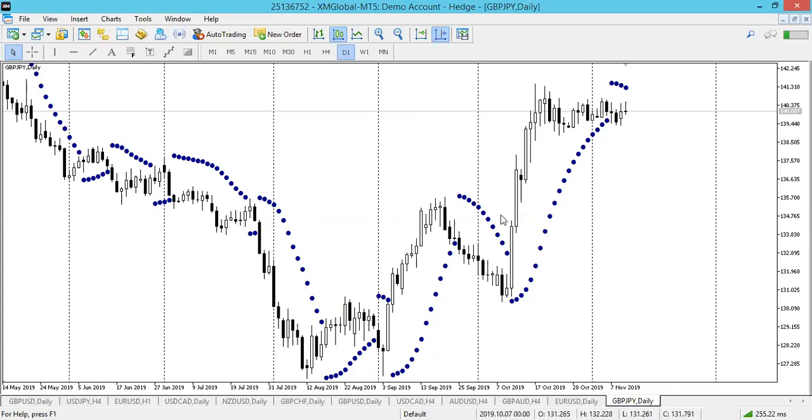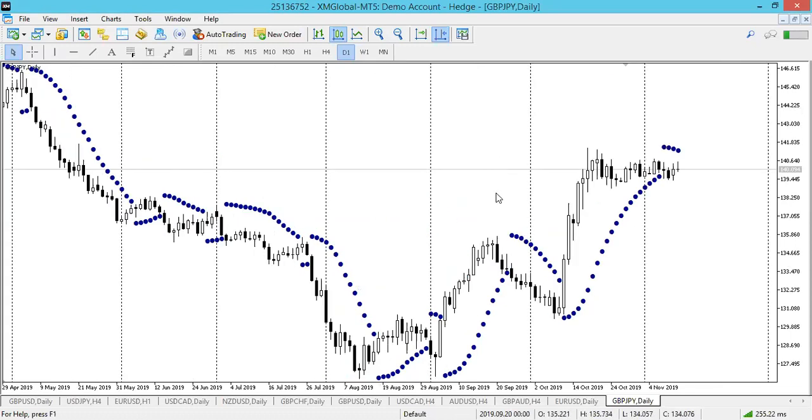Okay. So anyway, itong Parabolic Sar natin, it's actually a couple of dots, no? Above and below. So the simplest way to interpret this indicator is that if the Parabolic Sar or PSAR, no, is above the price, then the market is in a downtrend.